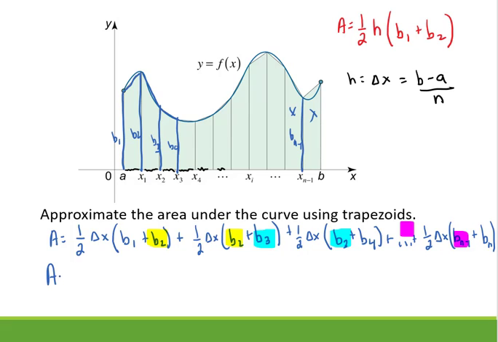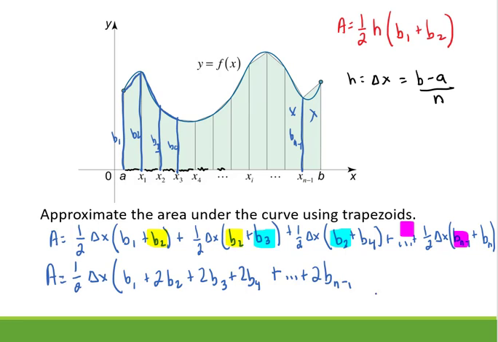So looking at this formula, I can factor out a 1/2 and a delta x. Okay, I have base 1, I have 2 base 2s, 2 base 3s, and continuing on 2 base 4s, all the way to 2 base sub n minus 1s, plus my last one, base sub n.